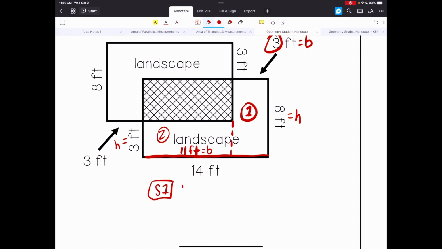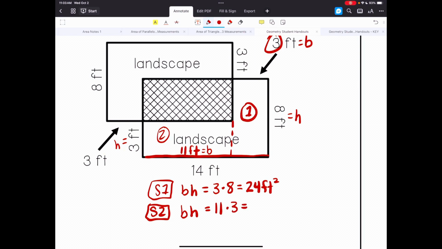we need to do base times height, which in this case is 3 times 8. 3 times 8 is 24, and these are feet squared. Shape number 2, we also need to use base times height because it's a parallelogram. And this has a base of 11 and a height of 3.